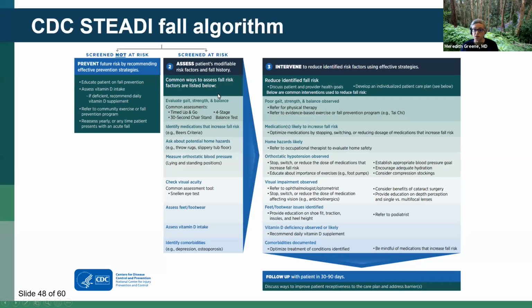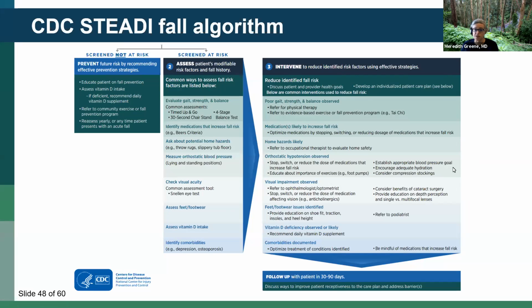But one of the next things you would do is evaluate someone's gait and their balance. And again, you could use those assessments of functional limitations, timed up and go, the short physical performance battery, which includes balance tests. You're going to look at medications. So again, looking at those inappropriate medications is appropriate for falls as well.